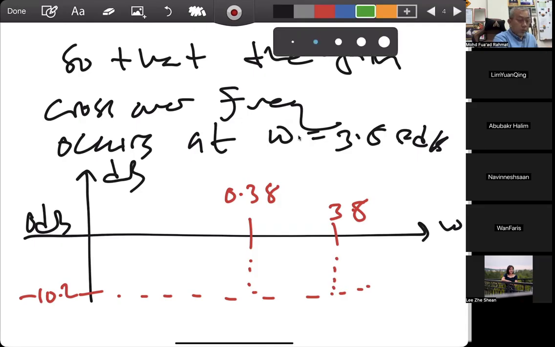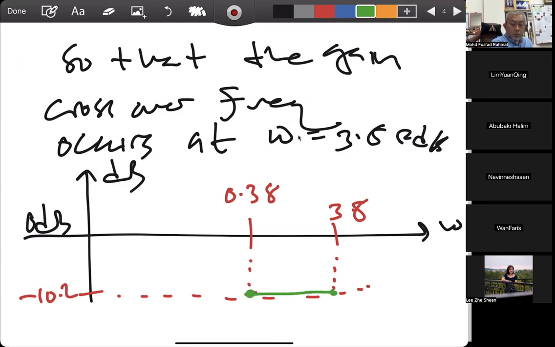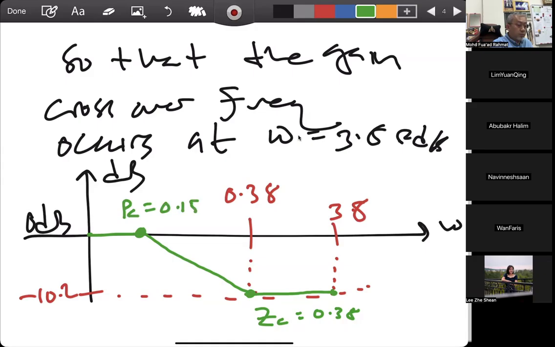Okay, we begin from here. Okay. So that is your ZC. Then minus 20 dB per decade, straight line. And this is your PC, which is 0.15 per decade. Okay.